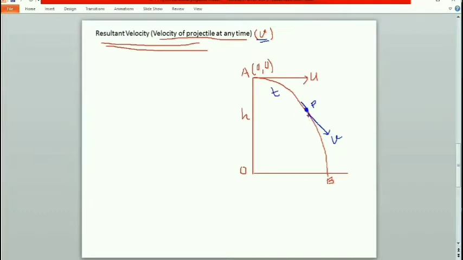Now इसको कैसे calculate करना है? As we know, velocity is a vector quantity, so it has two rectangular components. One is the horizontal component, Vx, acting in the horizontal direction. Another is Vy, acting downward.